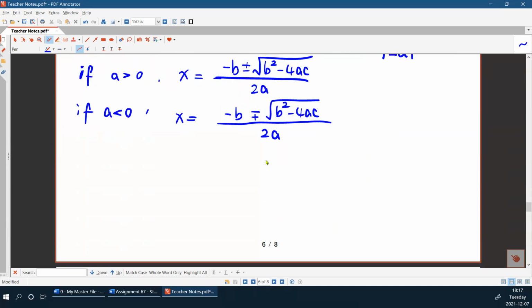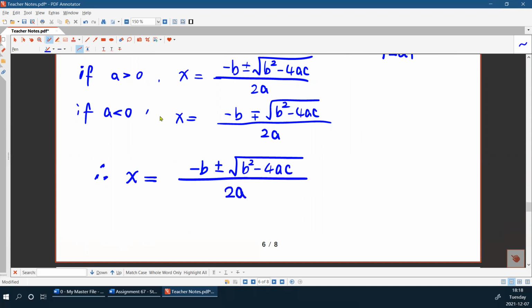So the solution, no matter what a is, as long as it is not 0, is x equals minus b, positive or negative, the square root of b squared minus 4ac over 2a. This is called the quadratic formula.